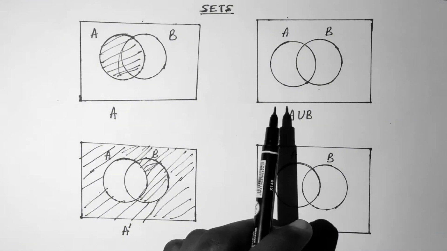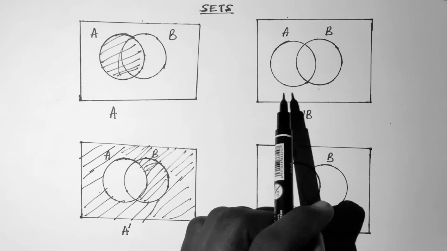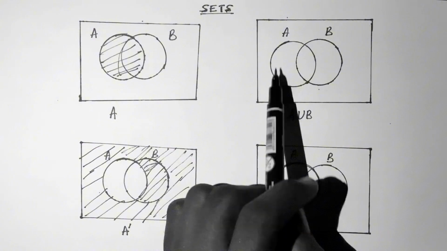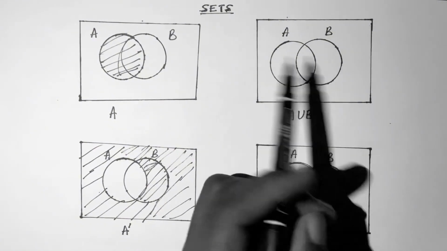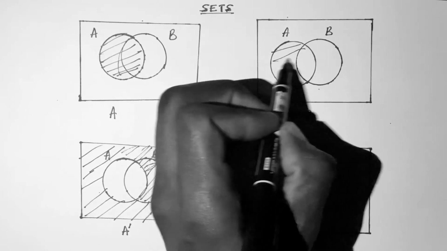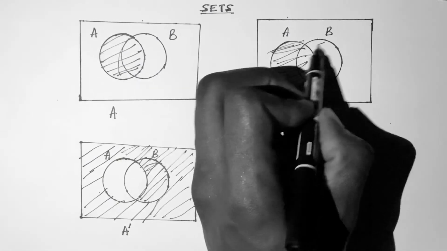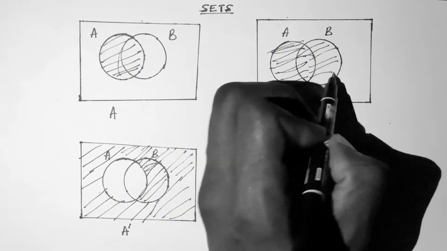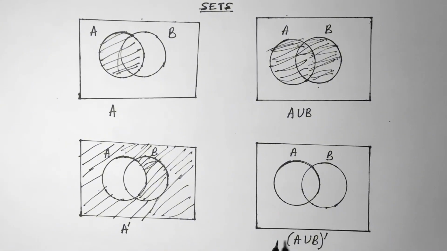So let's come to this aspect. It says A union B. A union B means all the elements of A together with all the elements of B. So these are the elements of A. And then these are the elements of B. So this is the shaded portion of A union B. Then now let's come to this part.